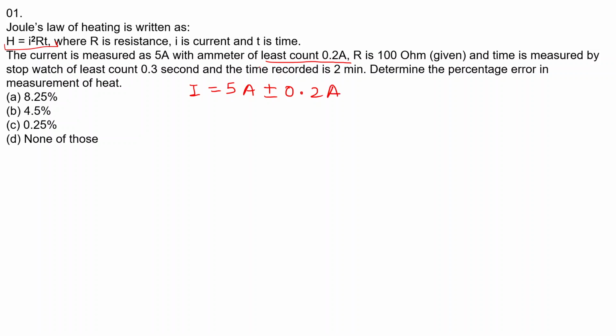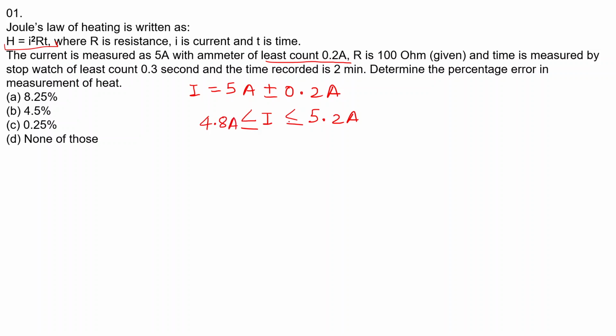This is what we mean whenever we write a value with this plus minus. We are measuring the current to be 5 ampere, but since the instrument has a least count of 0.2 ampere, the actual value can be less than or equal to 5.2 ampere, or more than or equal to 4.8 ampere.